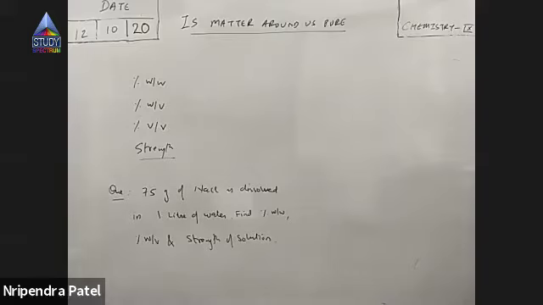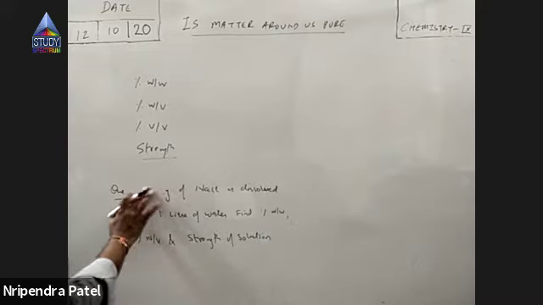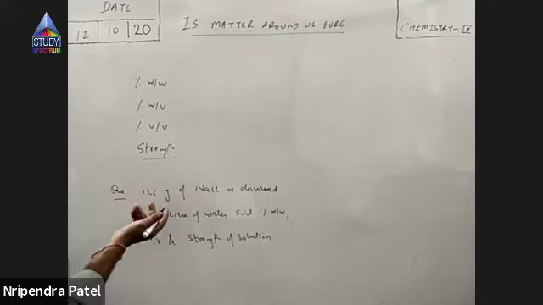What will be the weight of 1 liter of water? Calculation aasaan karna hai. Though it's not needed, let's keep it 75. Say, 1 liter of water will weigh how much?